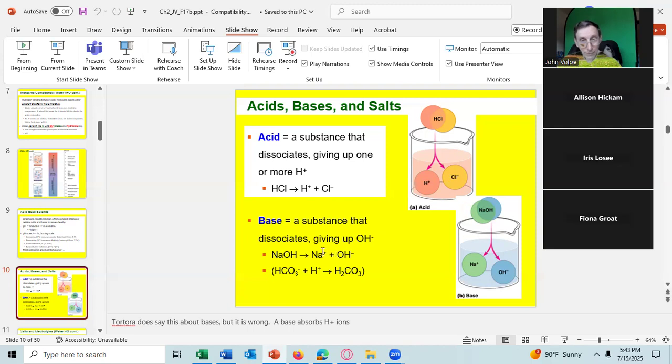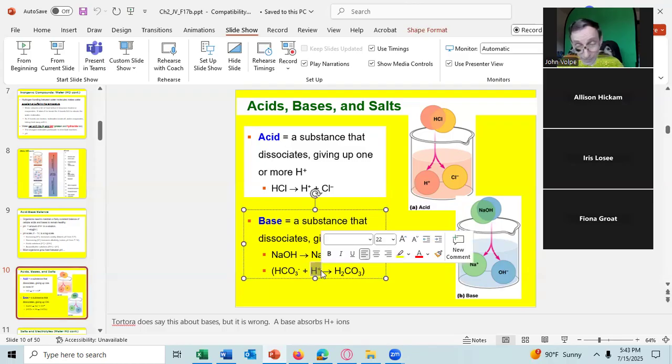I'm going to tell you that a base is actually a substance that either gives up OH minus or a substance that absorbs hydrogen plus. So you're getting this from me. Your textbook doesn't state it. I'm not sure why your textbook doesn't state it. So if we take baking soda, sodium bicarbonate, there's the bicarbonate part.